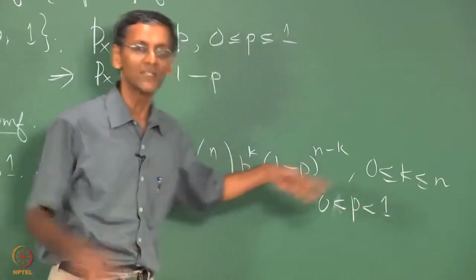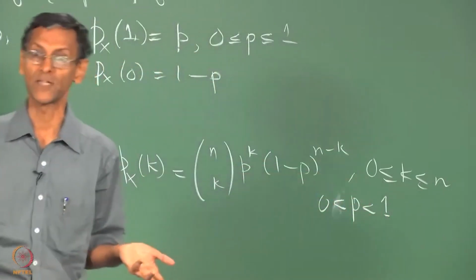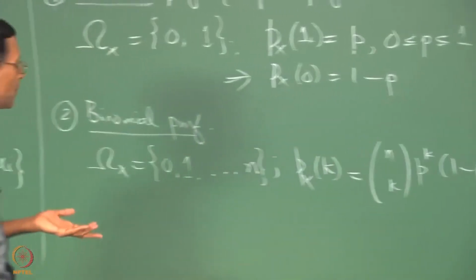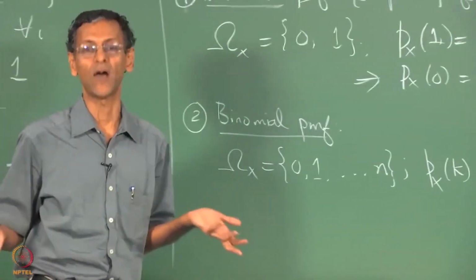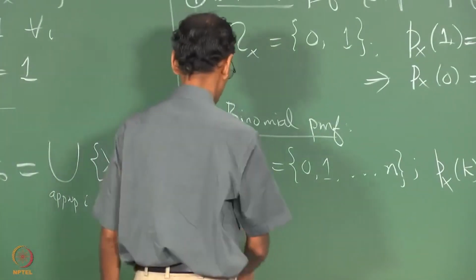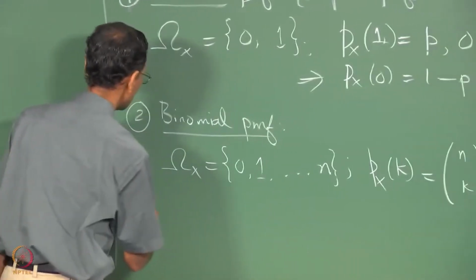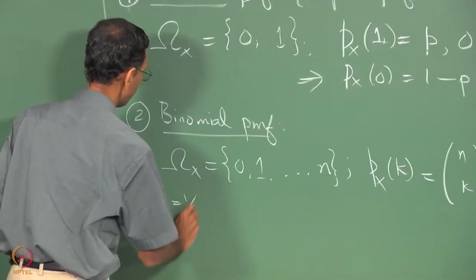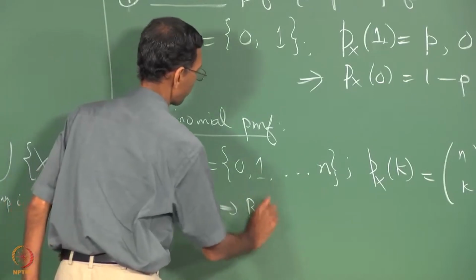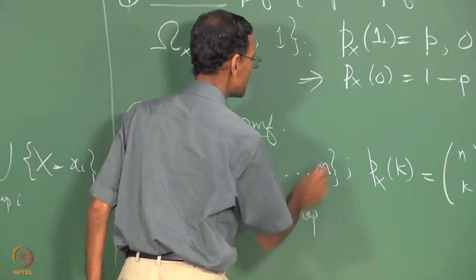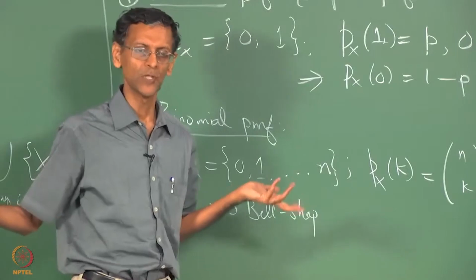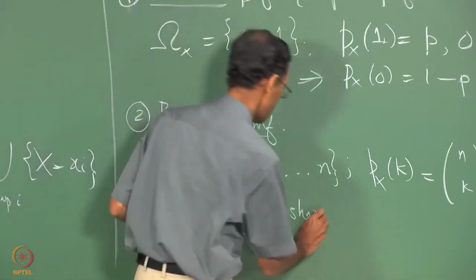At those extremes it will not really look like a bell shape. It looks like a bell shape only for p around half. So for p equal to half we get a bell shape, and we assume that n is fairly large, more than 20, 30, 40, whatever.